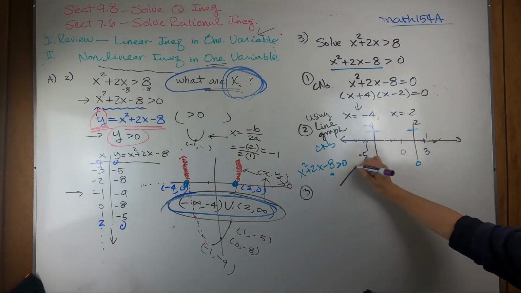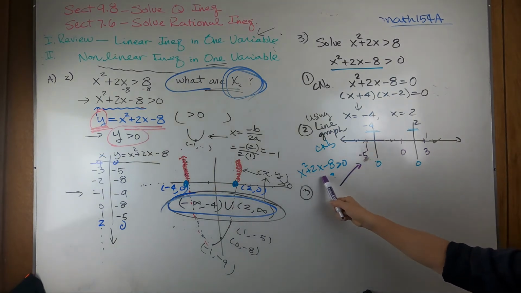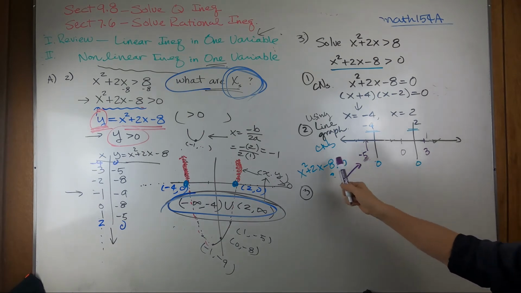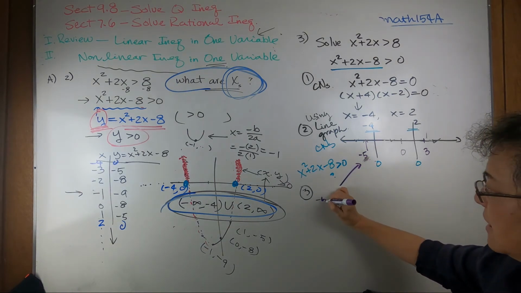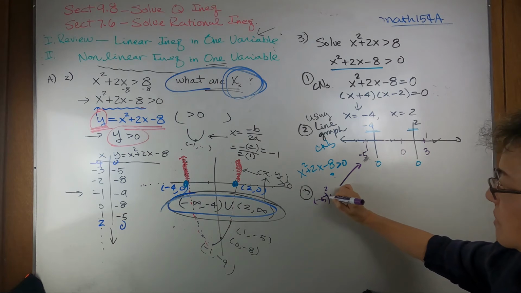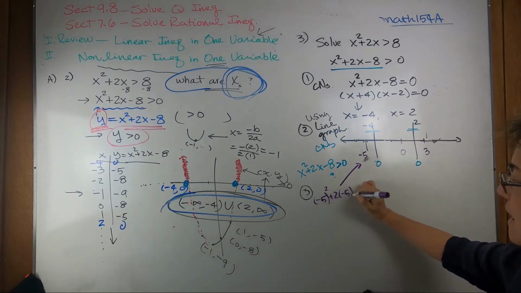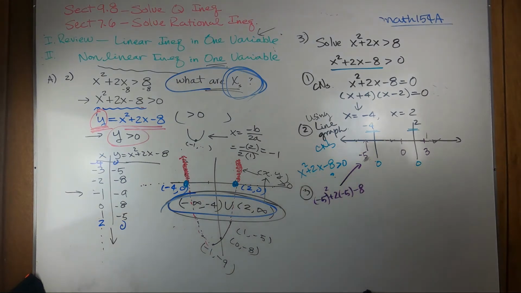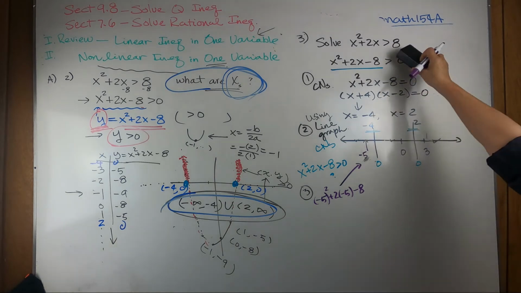So if I do negative 5, I'm going to test the original condition. So I plug in negative 5. I have negative 5 squared plus 2 times negative 5 minus 8. Often, when you test with negative numbers, you make mistakes. Don't do that. So test the original one, bigger than 8.